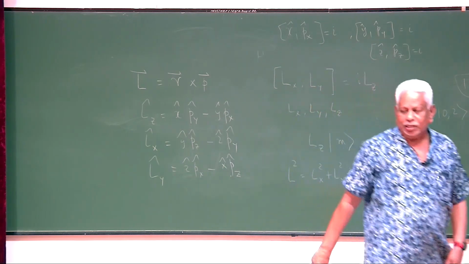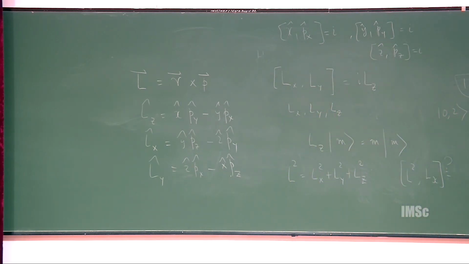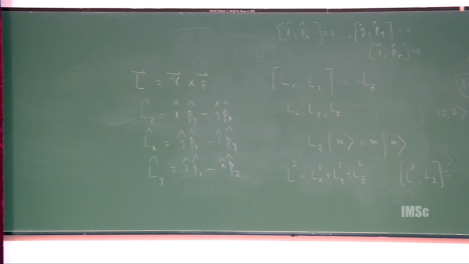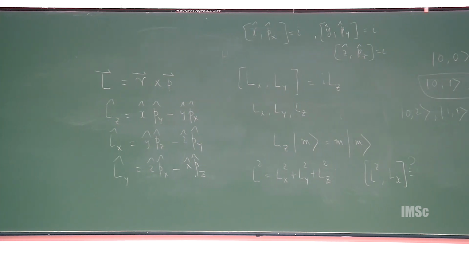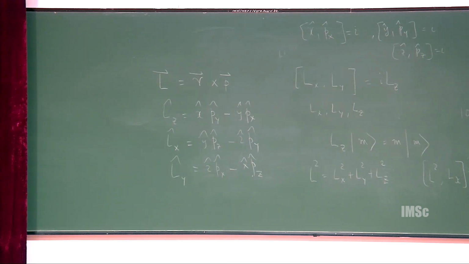Okay, L square with Lx. What will it be? Anyone? Why are you hesitating to tell? Well, that doesn't matter if it is wrong. 0, right. It will be 0.